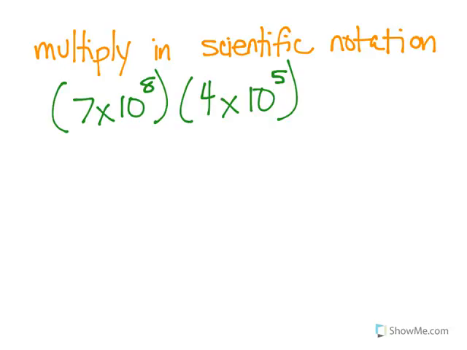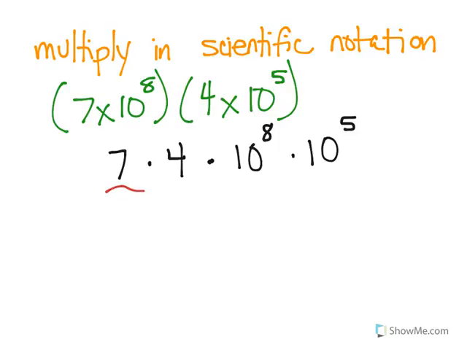So I'm going to rewrite this with my first factors of 7 times 4 in front. And then I have my base 10 factors, 10 to the 8th times 10 to the 5th. So all I've done is use the commutative property.